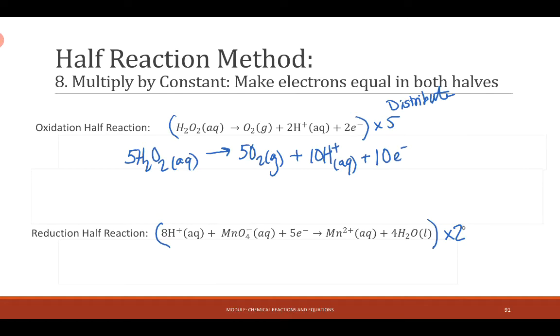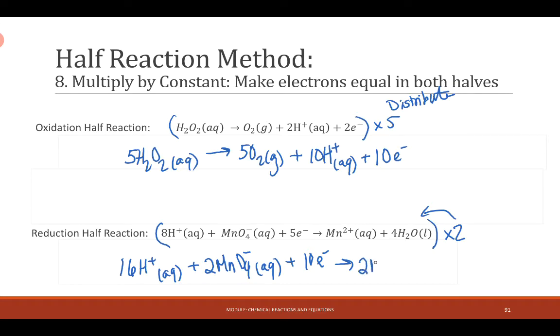Now for the next one, I got to distribute out this 2 to everything. So it's going to give me 16 H plus ions that are aqueous and 2 MnO4 minus ions that are aqueous and 10 electrons. And then we have 2 Mn2 plus ions that are aqueous and 8 waters that are liquid.